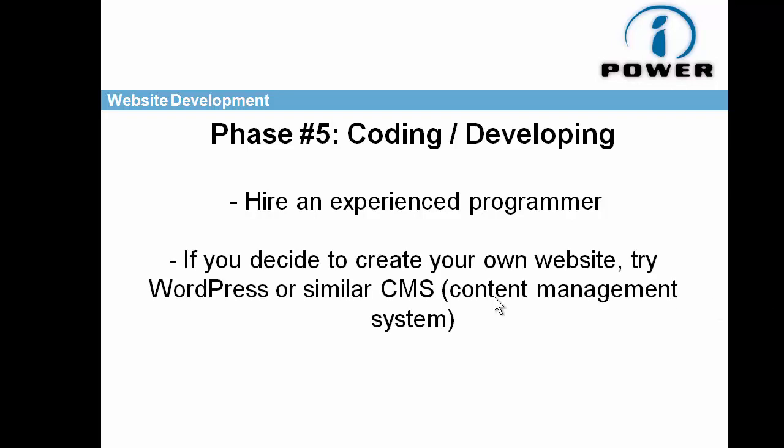But you can also decide to create your own website with a tool like Wix, the one that I showed you, or WordPress. WordPress is a so-called CMS, content management system, that enables you to create your own self-updatable website.